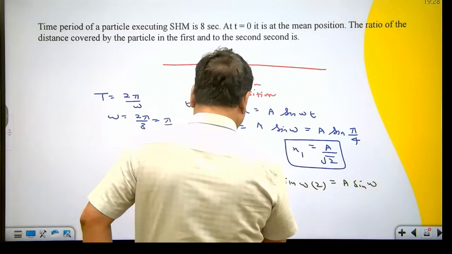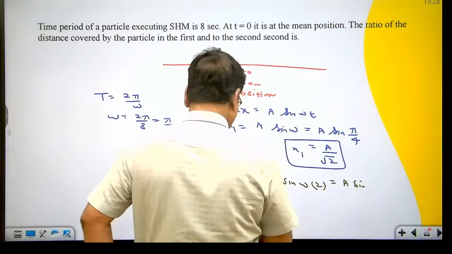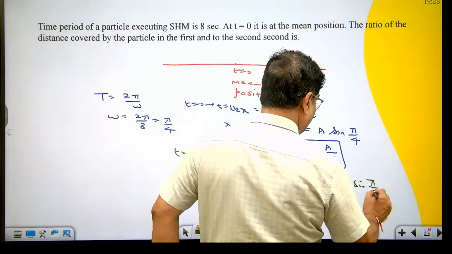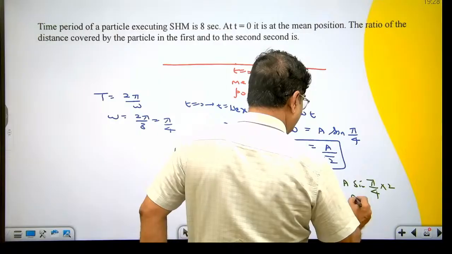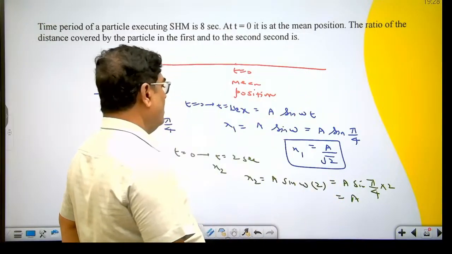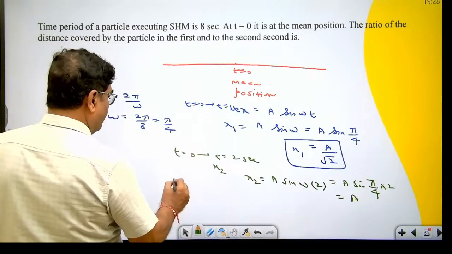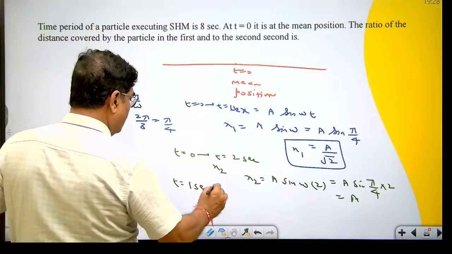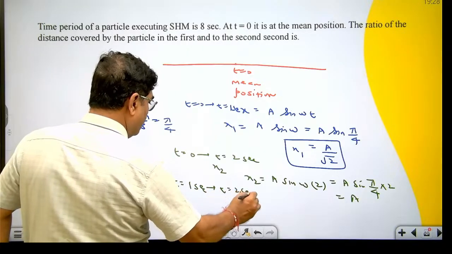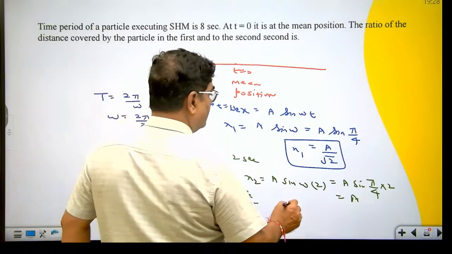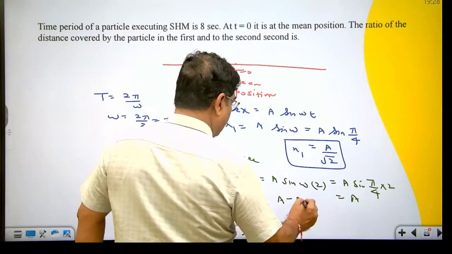The omega value is pi by 4, so this is equal to a. Now the distance traveled between t equal to 1 second and t equal to 2 seconds is a minus a upon root 2.